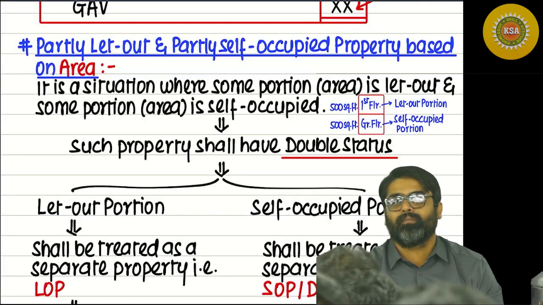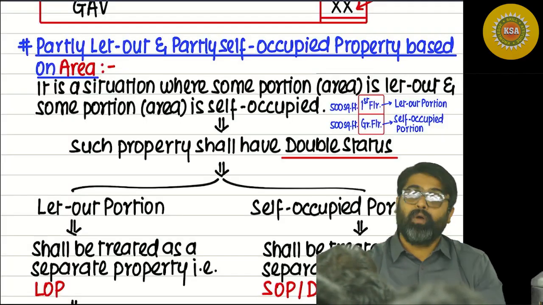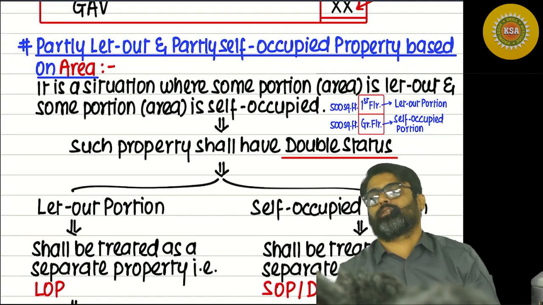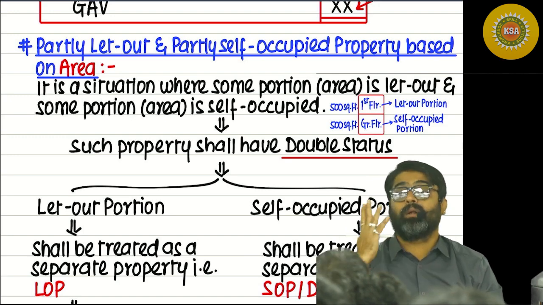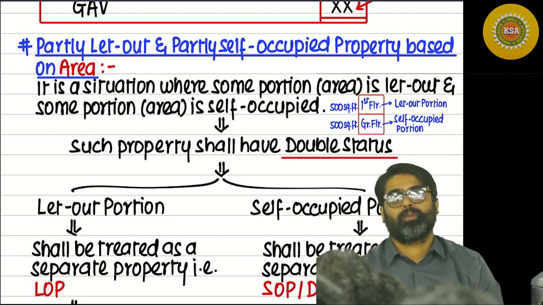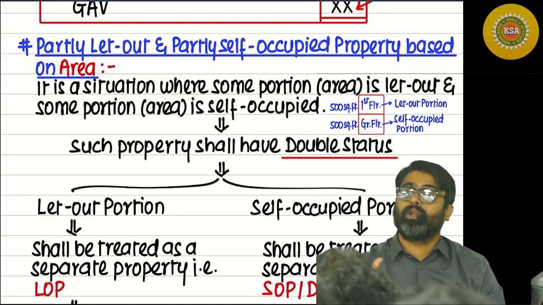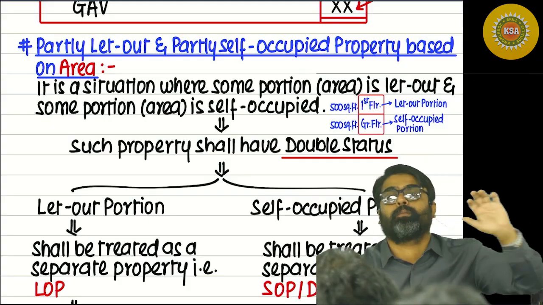Getting my point? So in this case, where one property, part of it is let out and part of it is self-occupied, this property will get double status. Actually it is not double status, actually the part which is self-occupied will be treated as a separate property.